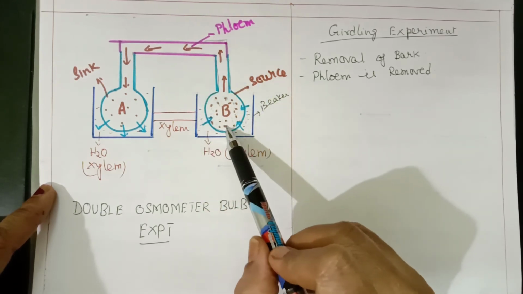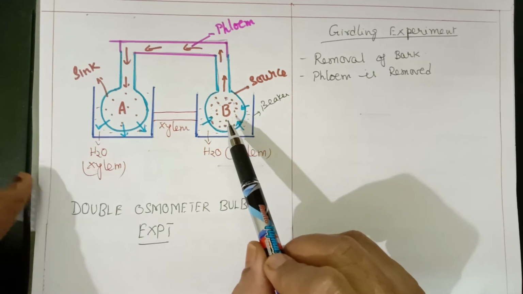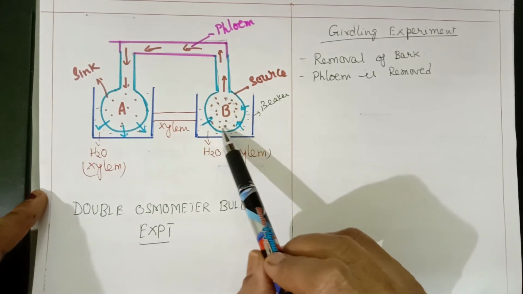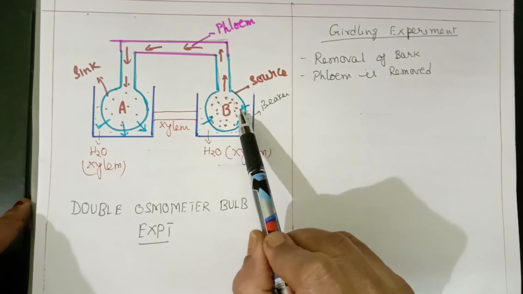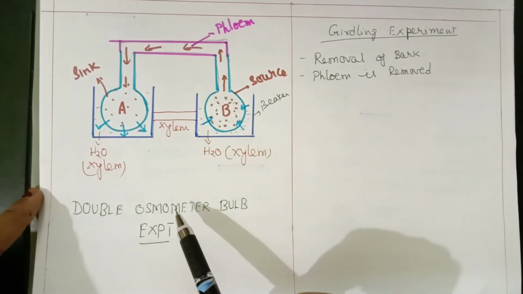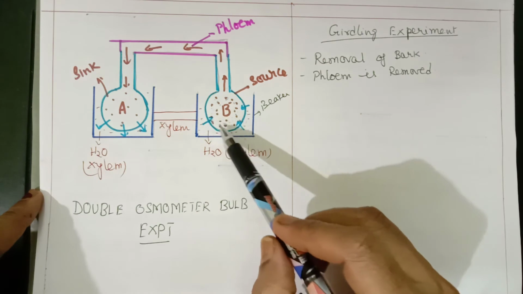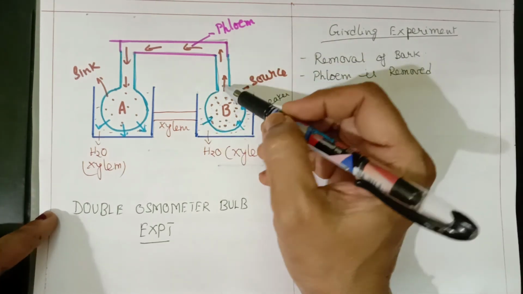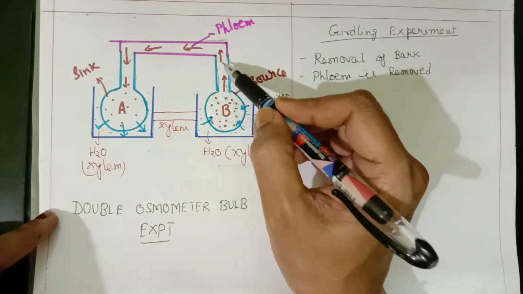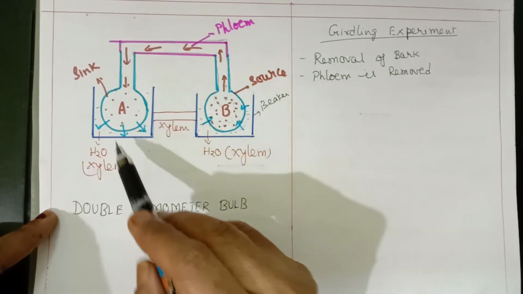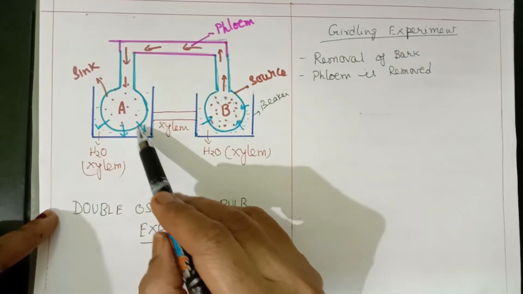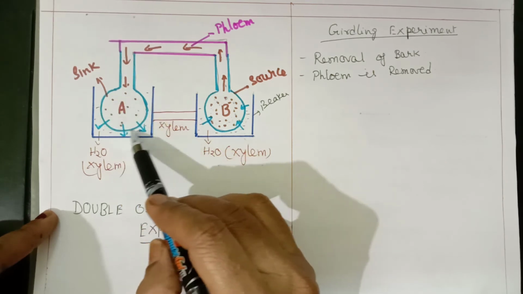Now at the source, that is osmometer bulb B, since the concentration is more, water will enter inside. That increases the osmotic pressure here, and the food material, shown by arrows, will start moving towards the sink. At the sink, the sugars are removed, so the concentration is very less.